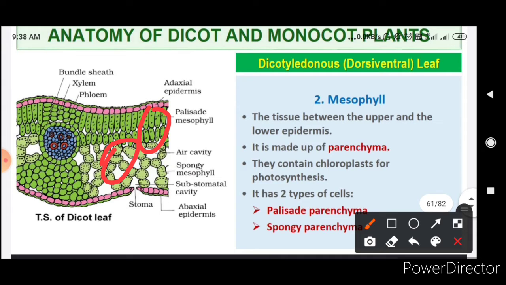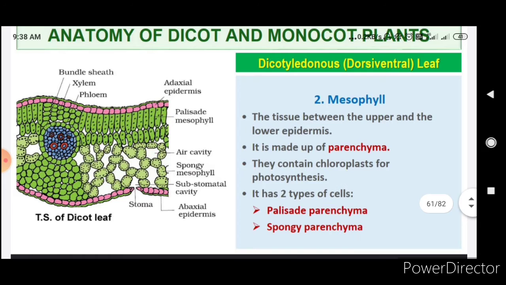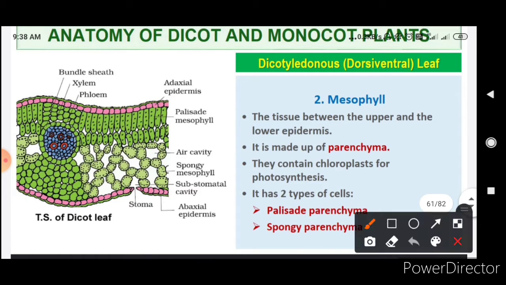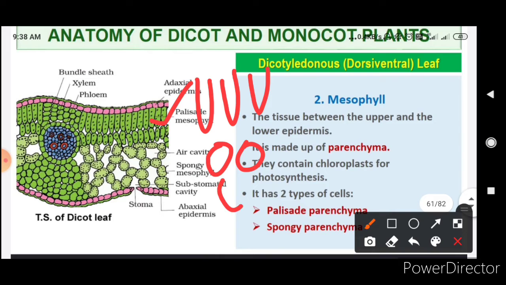They contain chloroplast for photosynthesis, and it has two types of cell, palisade parenchyma and spongy parenchyma. The long cells which you can visualize here are the palisade parenchyma, your green color cells, and the round cells with large intercellular cavities are the spongy parenchyma.